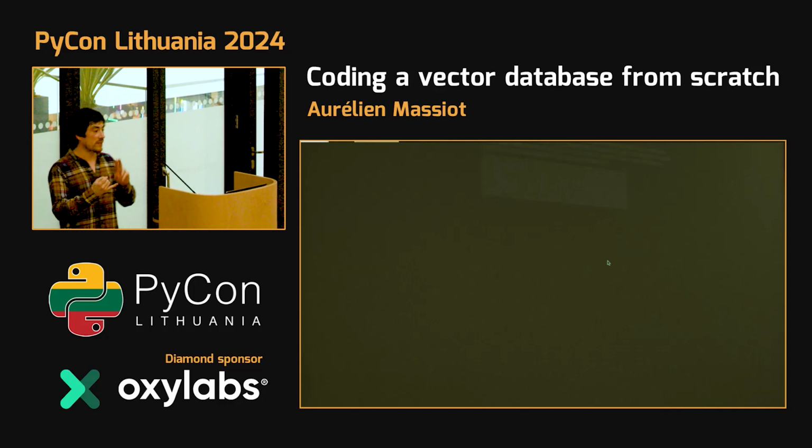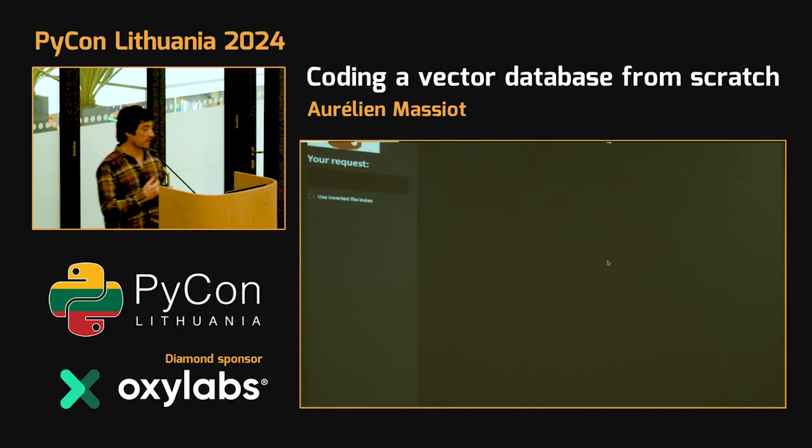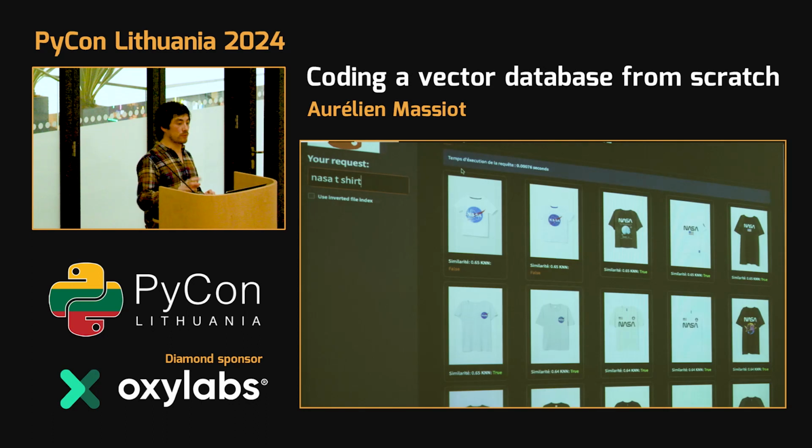So yeah, KNN uses exhaustive search, and approximate nearest neighbors has approximate algorithms. You can have HNSW, you can have Annoy, and you can have this one, for example. So same, I will search for a NASA t-shirt, and this one is using HNSW.